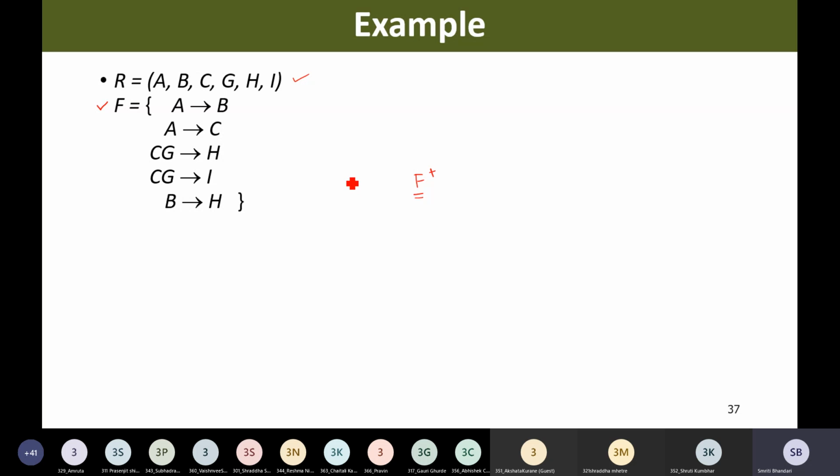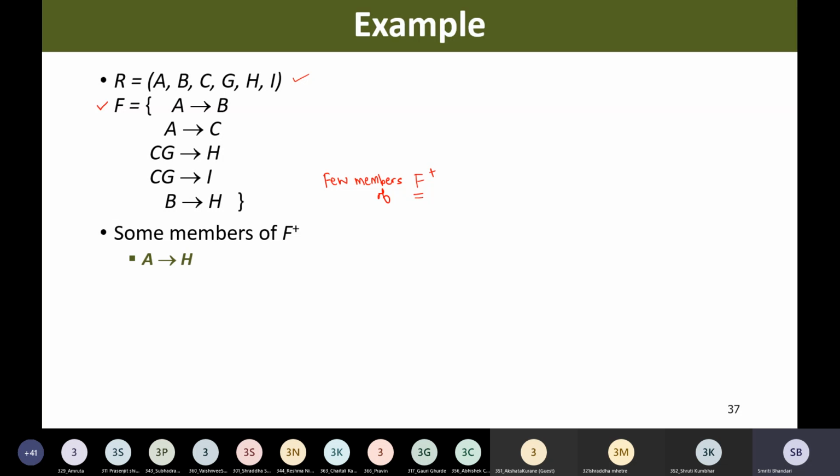We want to come up with a few members of F plus, and we are supposed to apply Armstrong's axioms or the rules that we know. So to come up with the members of F plus, how are we going to apply these rules?